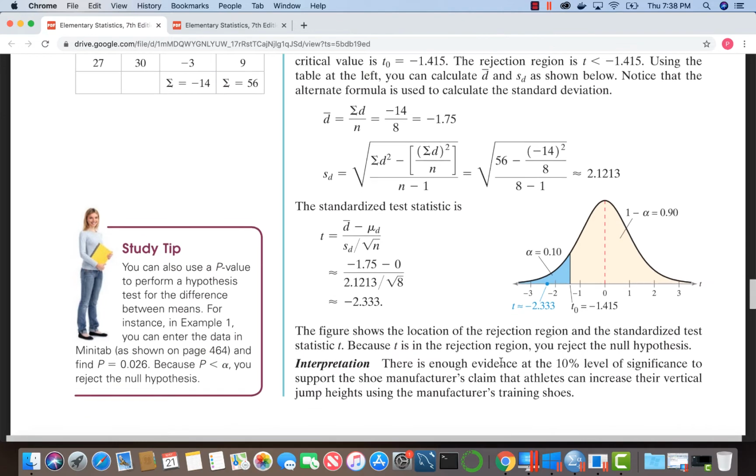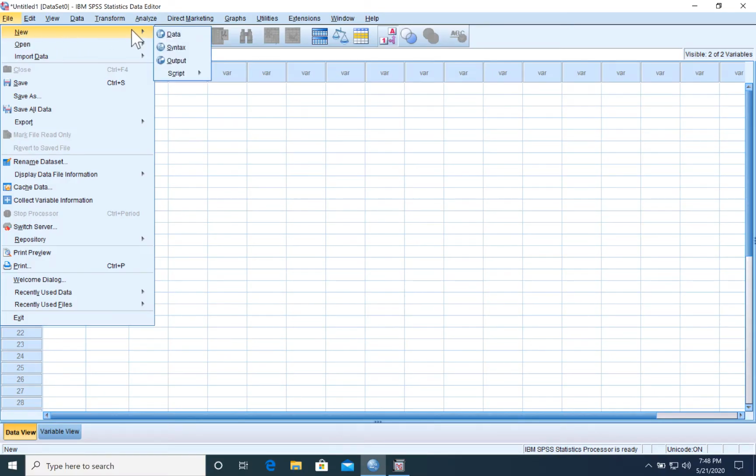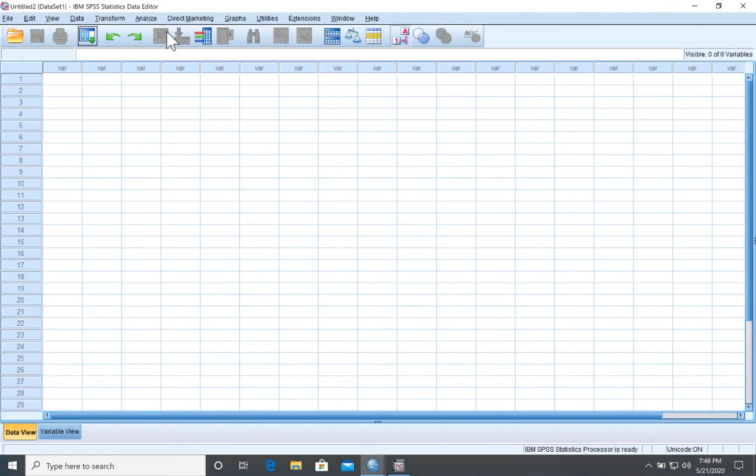So let me open SPSS for you. Let's enter the values in SPSS.